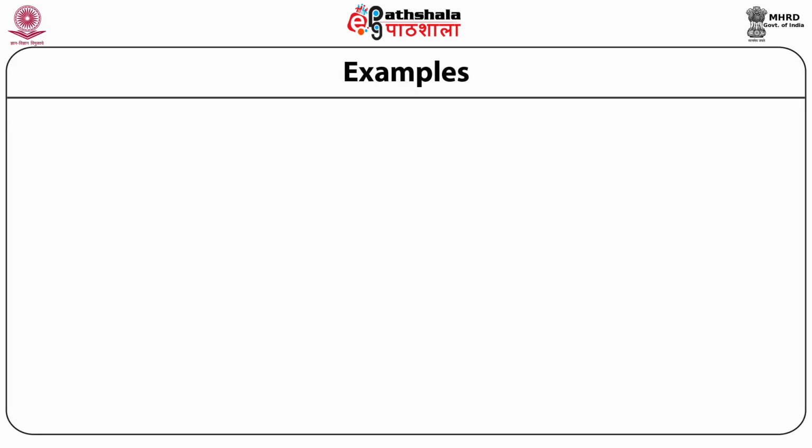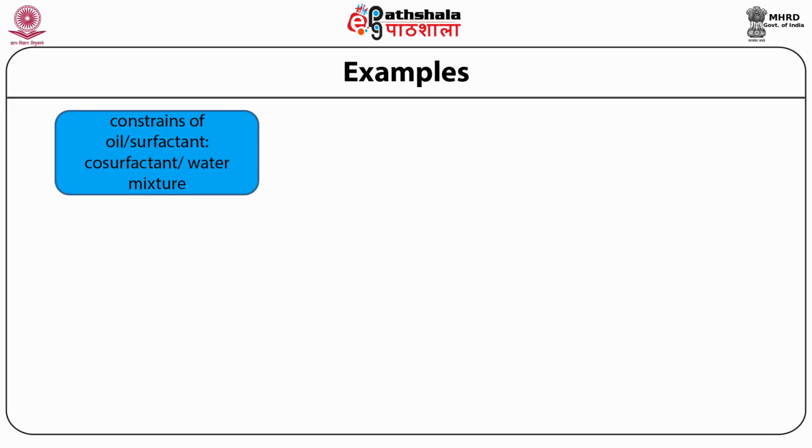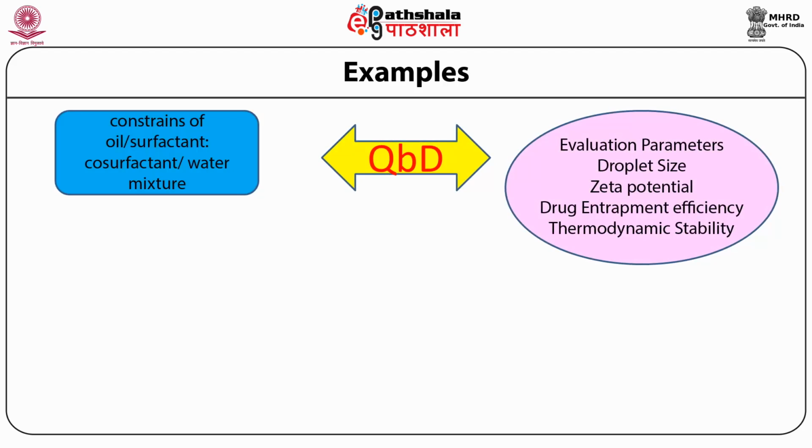This quality by design approach is utilized when the constraints of the different oil phase, surfactant, co-surfactant and water have been obtained using ternary phase diagrams or pseudo ternary phase diagrams. Using these constraints, we equate the evaluation parameters necessary for a good microemulsion, that is droplet size, zeta potential, drug entrapment efficiency and thermodynamic stability.